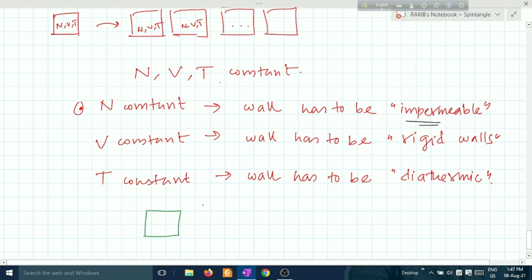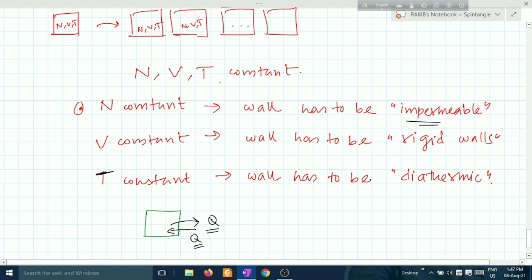This means no one can squeeze the wall of the system. And to keep the temperature inside the system constant, heat has to be able to go out of the box, and heat also has to be able to enter the system.